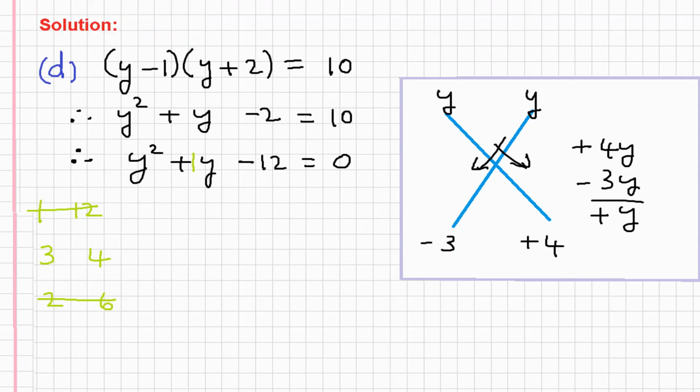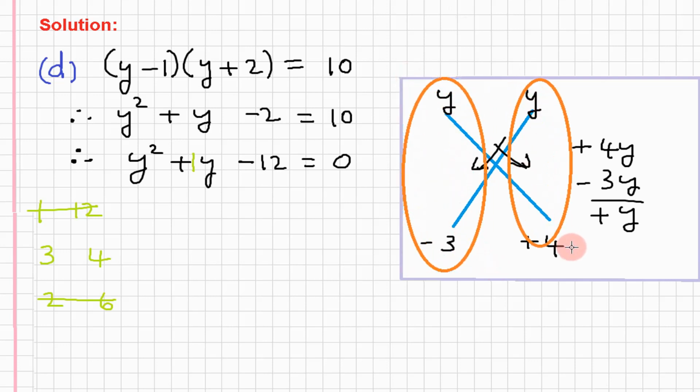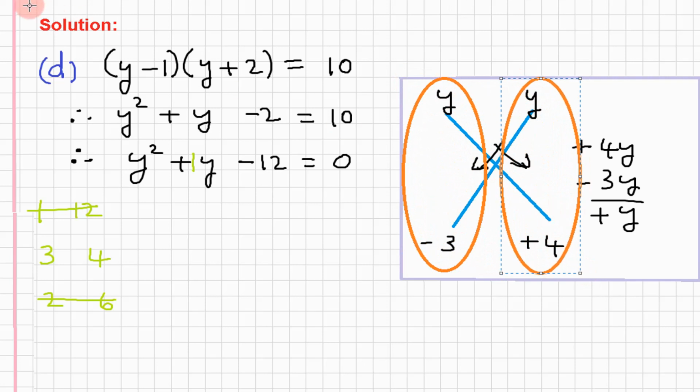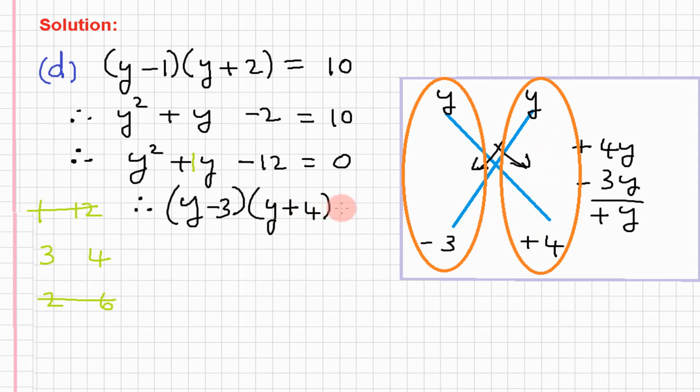Then grouping vertically, so y minus 3 in one set of brackets, and y plus 4 in another set of brackets. Then multiplying out mentally, y times y is going to be y squared.